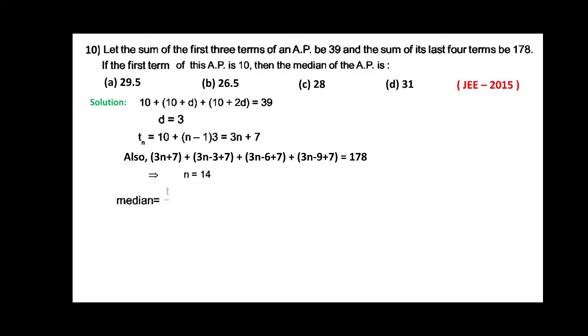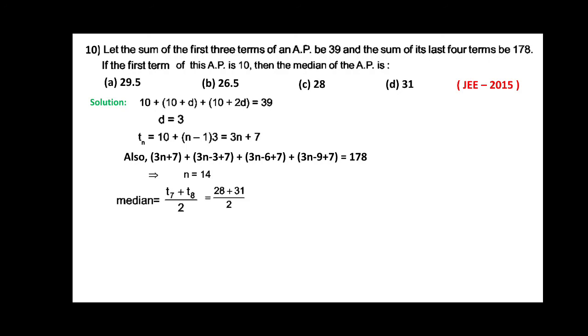Therefore the median is T7 plus T8 by 2. We take the average of the 7th term and the 8th term. T7 is 28 and T8 is 31, because 3n plus 7 is the nth term. Replacing n by 7 to find the 7th term, 7 into 3 is 21 plus 7 is 28.